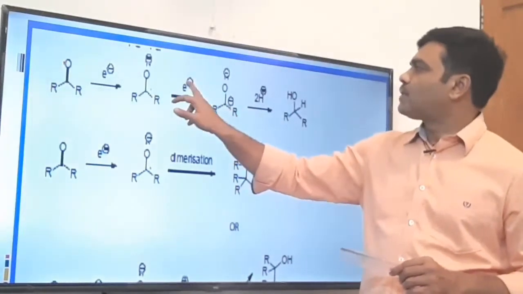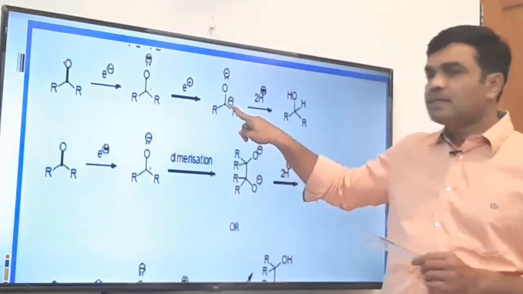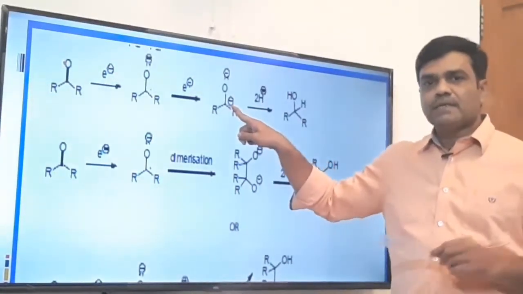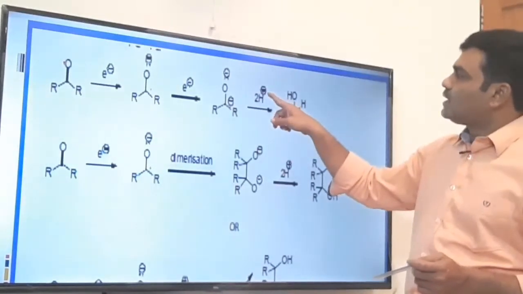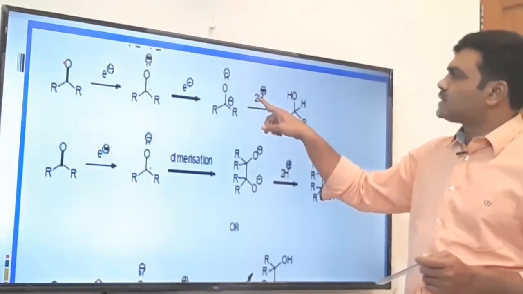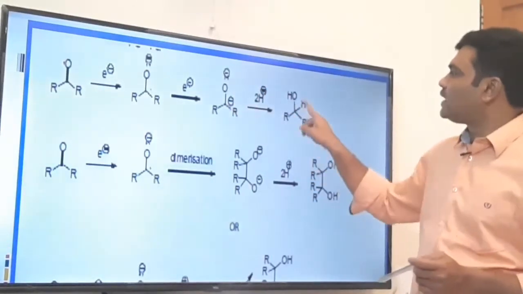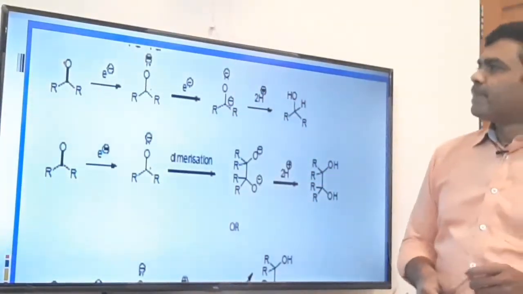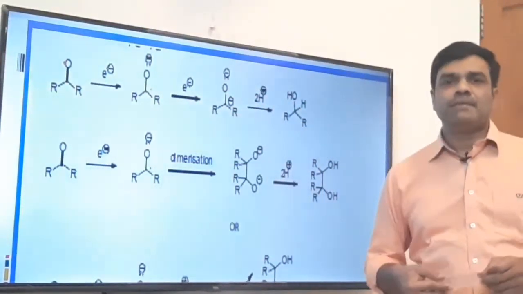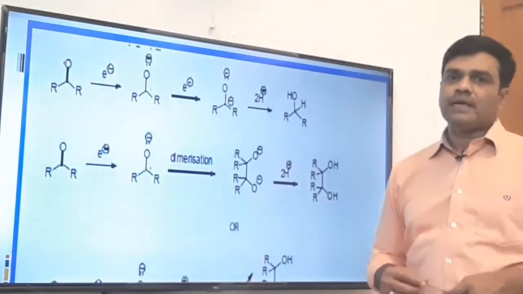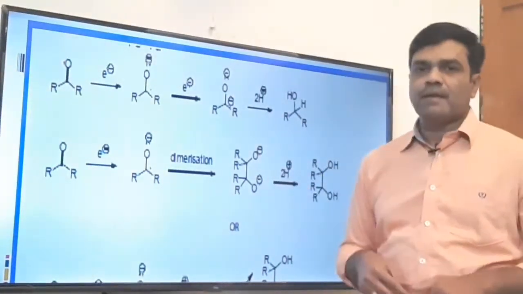Therefore, after donation of this electron, there will be a pair of electrons, written as a negative charge, which shows the excess of electrons. Finally, protonation takes place. Both this carbon having negative charge and this oxide ion get protonated, and we get the secondary alcohol. In this way, ketone is converted to secondary alcohol by using lithium or sodium in liquid ammonia. That is the dissolving metal reduction we call.